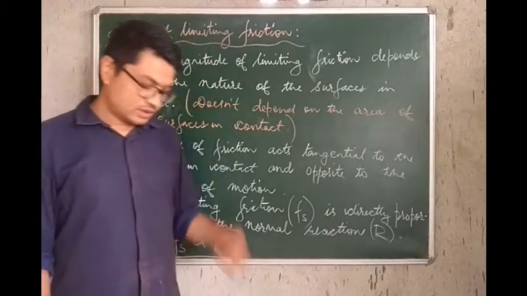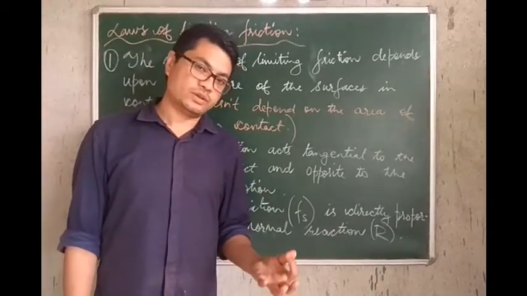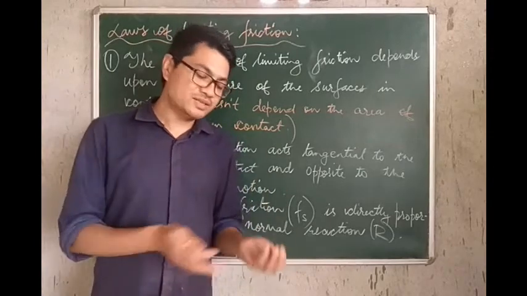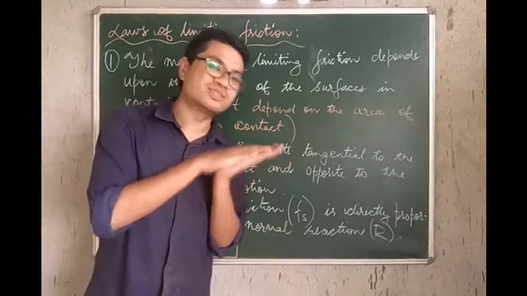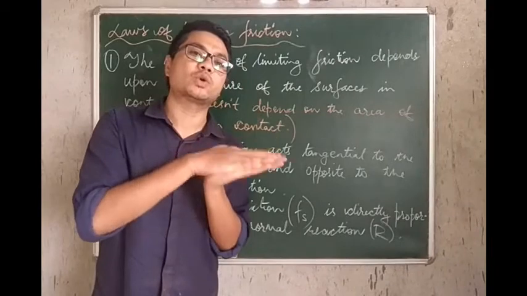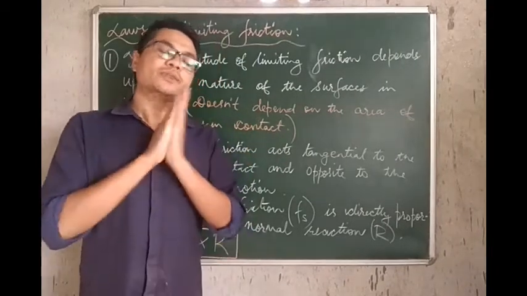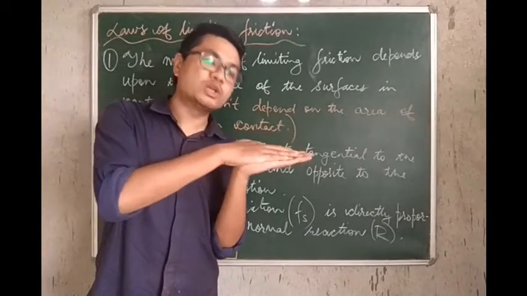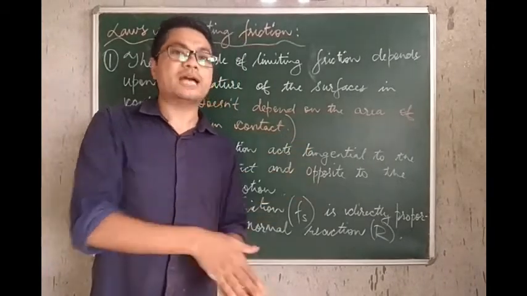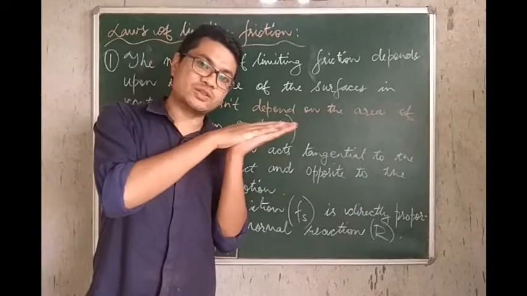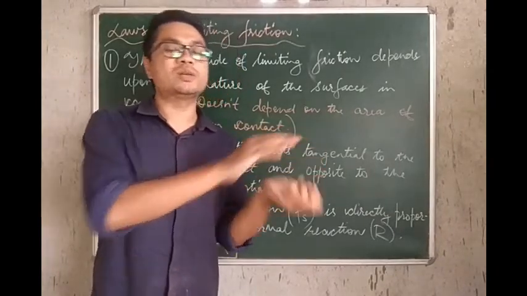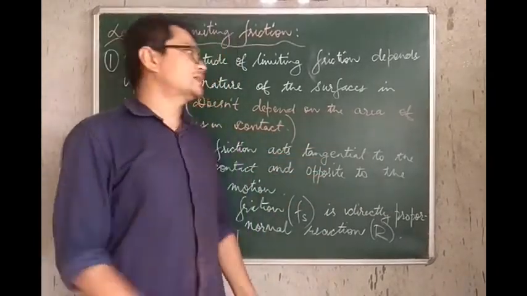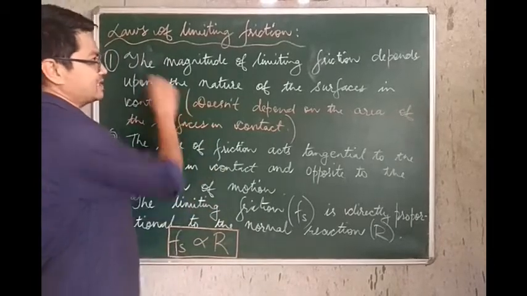So remember, the force of friction on the whole depends on how rough or how smooth the surfaces in contact are. The rougher the two surfaces in contact are, the more will be the value of the force of friction. And the smoother the surfaces in contact are, the lesser will be the value of friction. That is what is meant by the first statement over here.